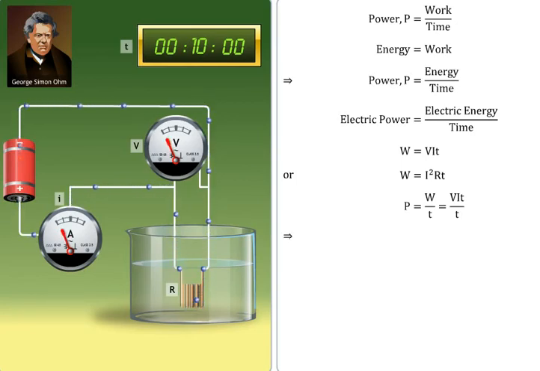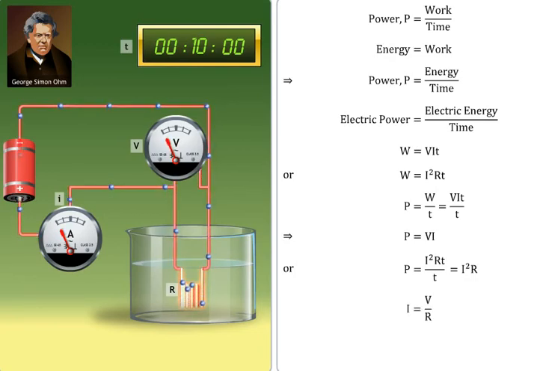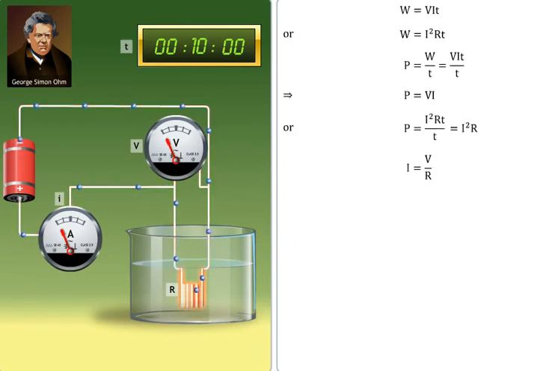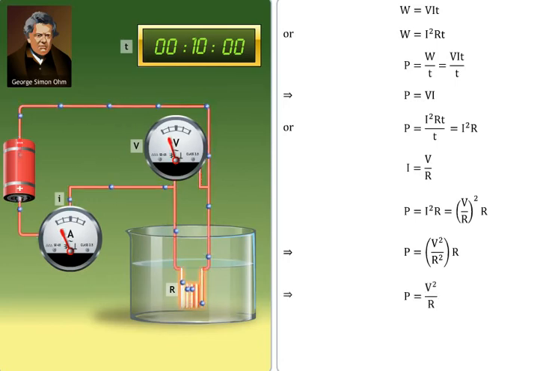This implies P = VI, or P = I²RT/T. This implies P = I²R. Substituting V/R for I in the expression P = VI, and simplifying, we get electric power equals V²/R.